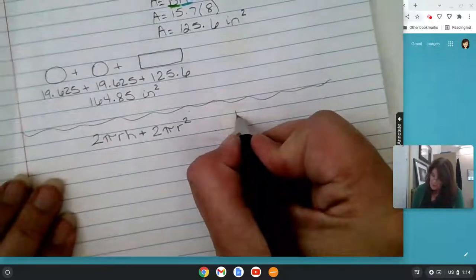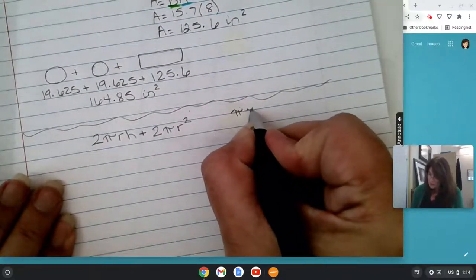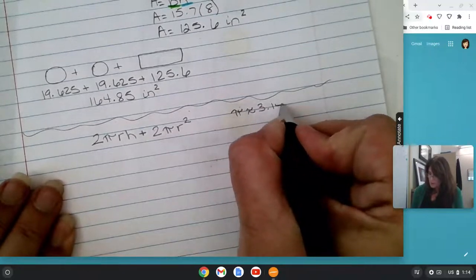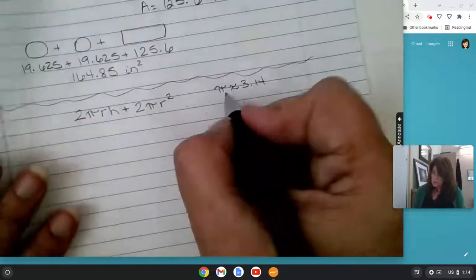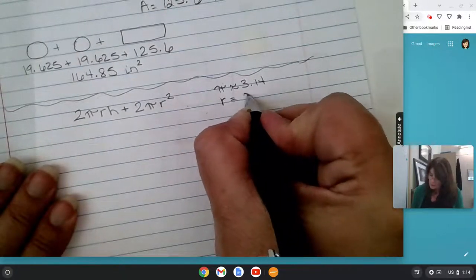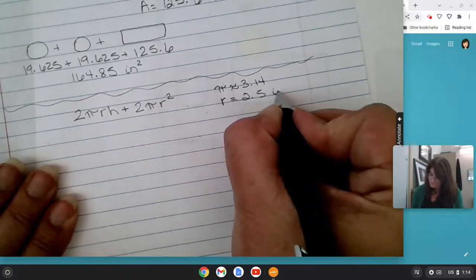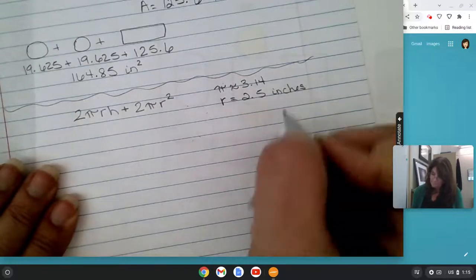For pi, we're going to use 3.14. Radius, 2.5. And height is still 8 inches.